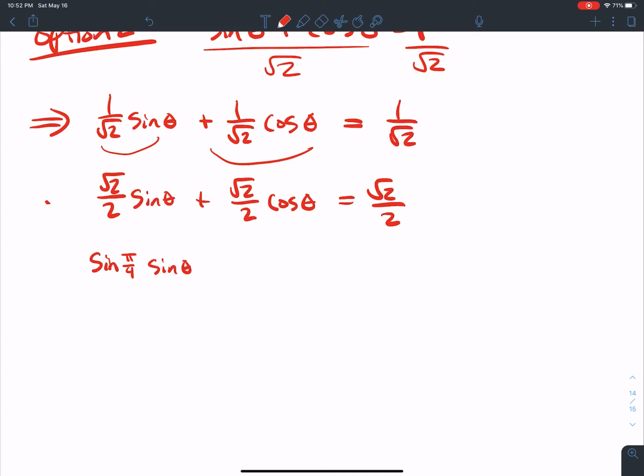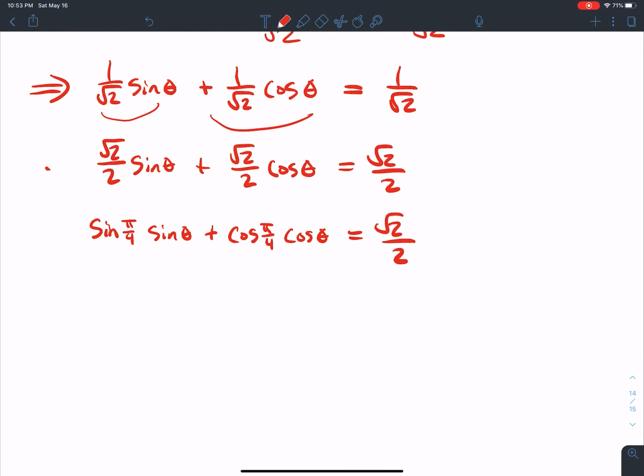And square root 2 over 2 is also cosine pi over 4. So now we've just built this backwards. This is equal to the sine of pi over 4 plus theta, equals square root 2 over 2. So kind of a little bit of trickery going on here.